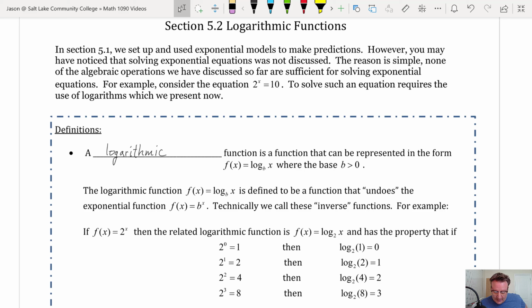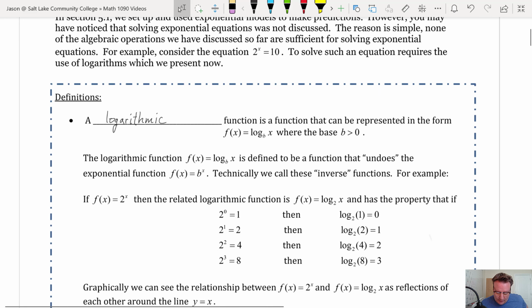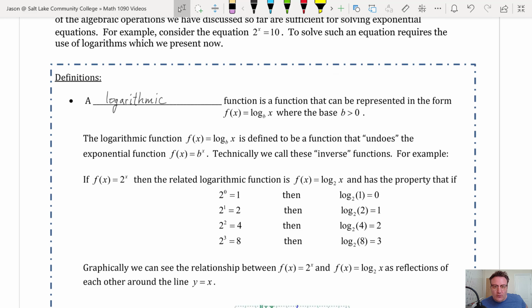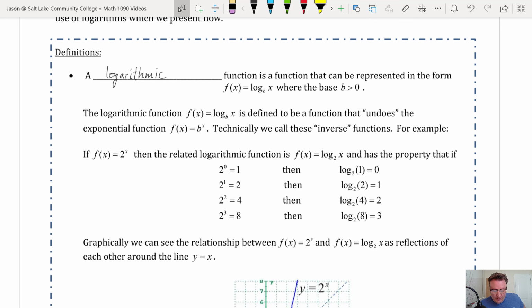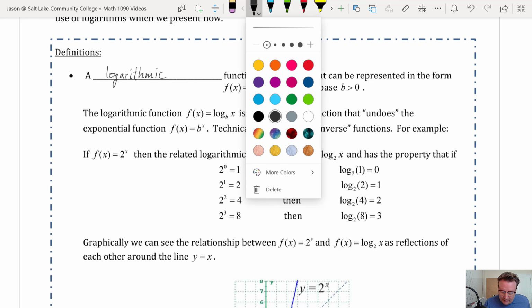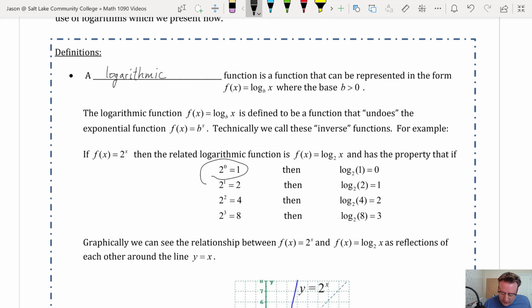The logarithm is defined to be the function that undoes the exponential function f of x equals b to the x. For example, if f of x equals 2 to the x power, then the related logarithmic function is f of x equals log base 2 of x. If you plug 0 into the exponential function, you get 2 to the 0, which is equal to 1.